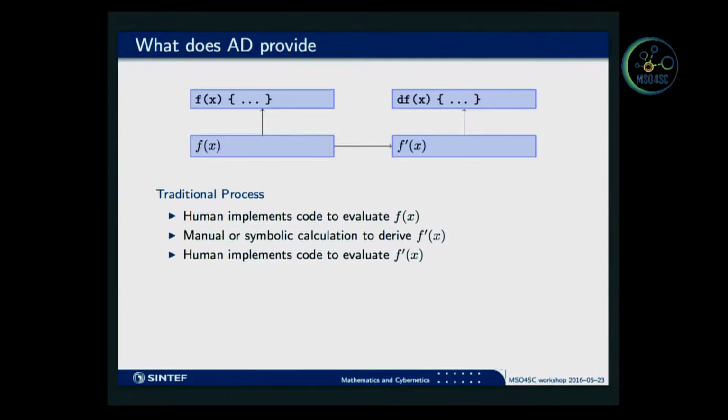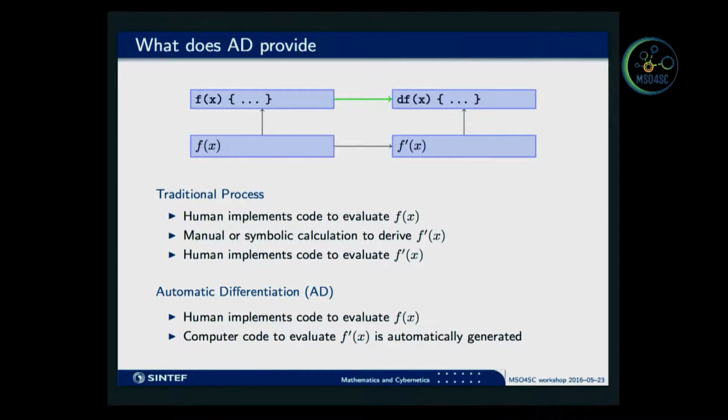We can do it on paper or use some other system to find the derivative, the Jacobian, and then we implement code for this and code for that from these equations. And for these rather complex nonlinear equations, writing out the Jacobian can take pages of a research article.